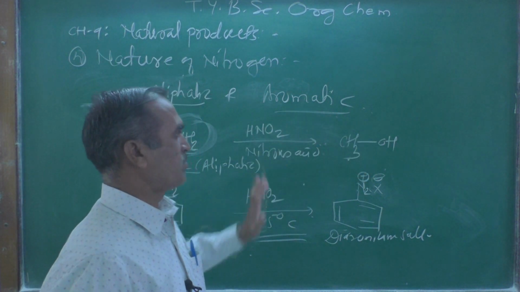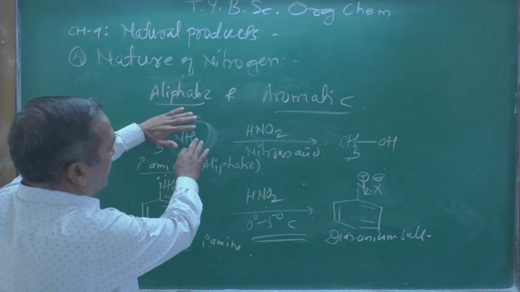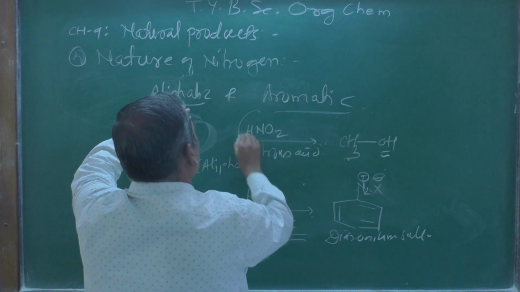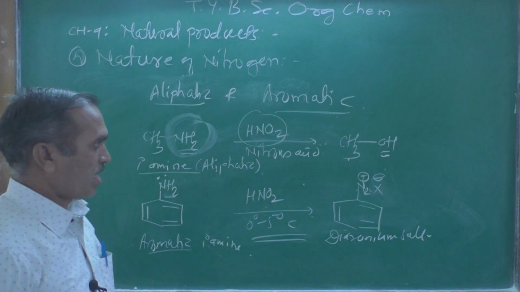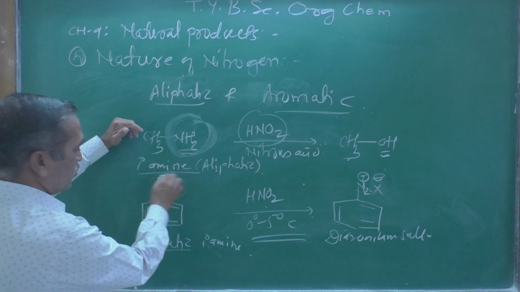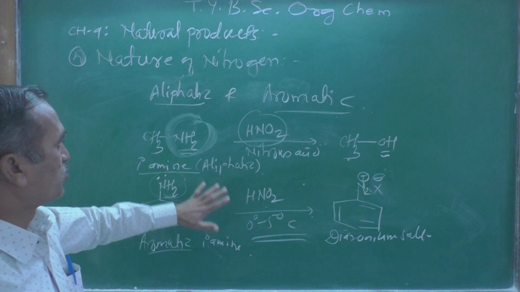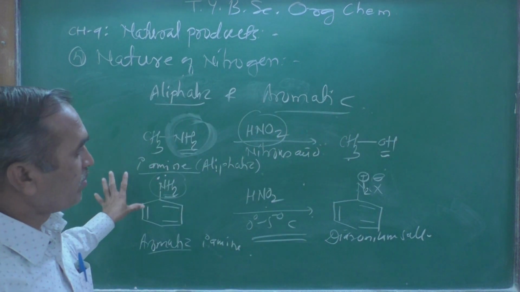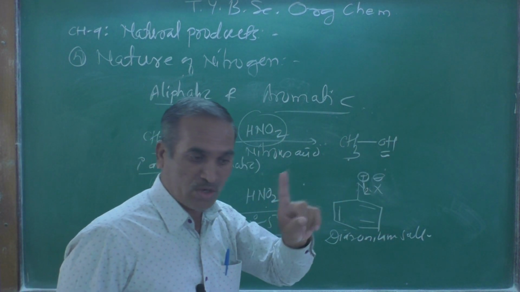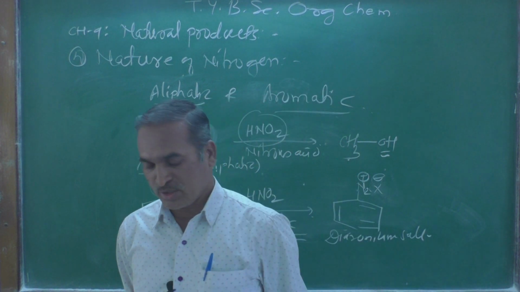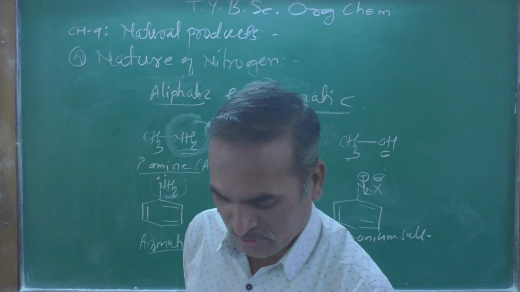There is a mechanism, but remember the NH2 group is directly converted into alcohol due to nitrous acid. Look at the difference here, also NH2. Most of the students get confused here. Aliphatic gives you the alcohol, whereas aromatic forms a diazonium salt. That is the main point of discussion, and you have to remember it forever in your lifetime.